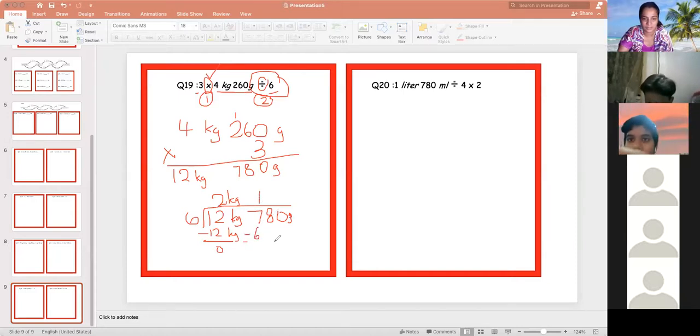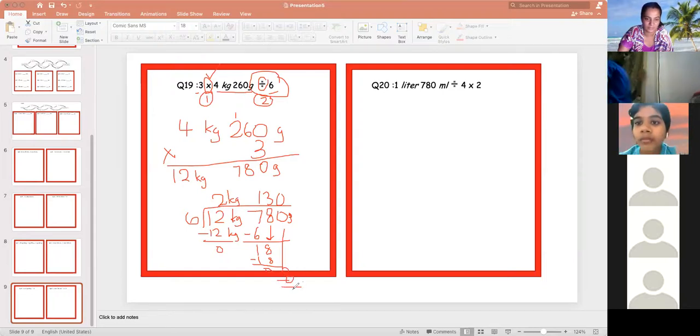You get 6. Over here you get 1 there. Bring down the 8. You have 18. 18 divided by 6 will be 3. 3 times 6 would be 18. Here no remainder. Still bring down your 0. 0 divided by 6, 0. No more remainder here. And your answer here is 130 grams. 2 kilogram, 130 grams. Okay?